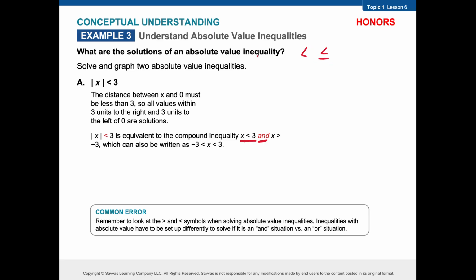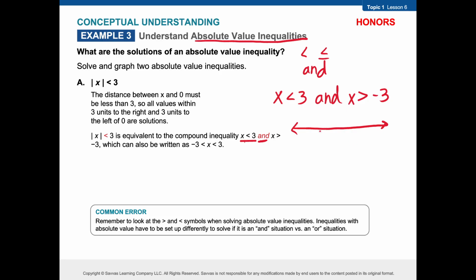So whenever it's less than or equal to in an absolute value inequality, that is representing an and compound inequality. So x is less than 3 and x, you now have to switch your sign to greater than and make that 3 negative.